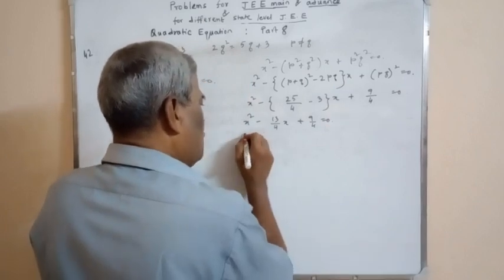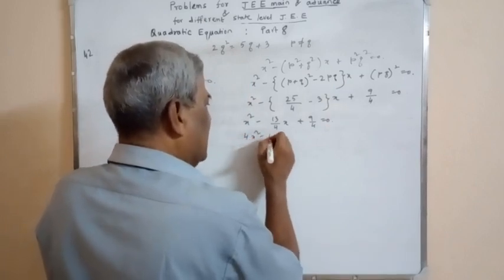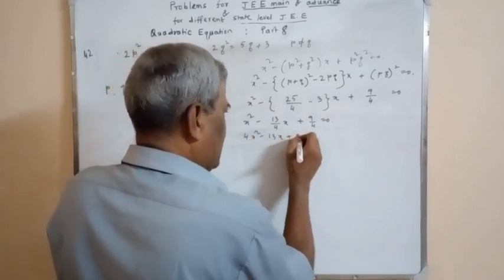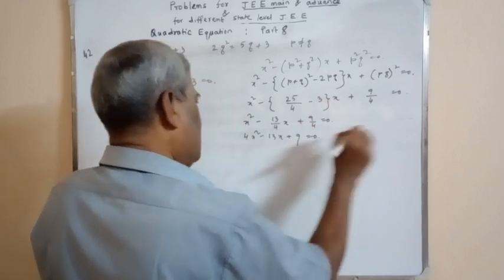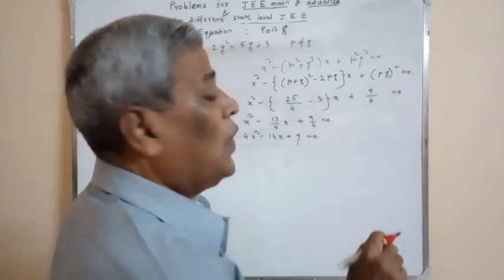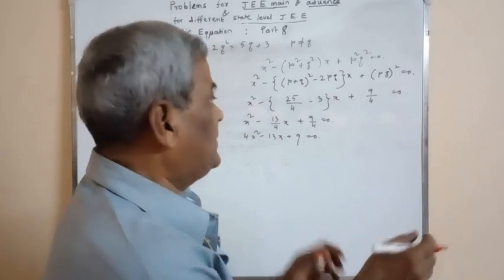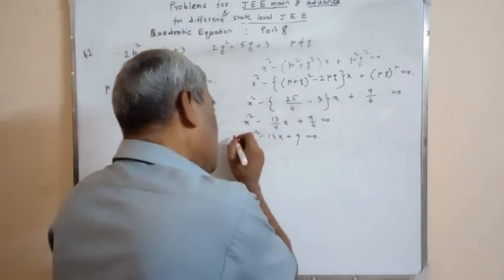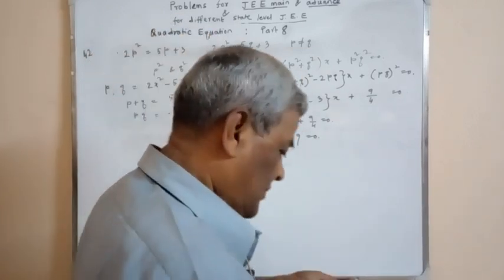So equation is 4x square minus 13x plus 9 is equal to 0. This is the answer. Oh, I have forgotten to give the options. So in fact, this is our answer.